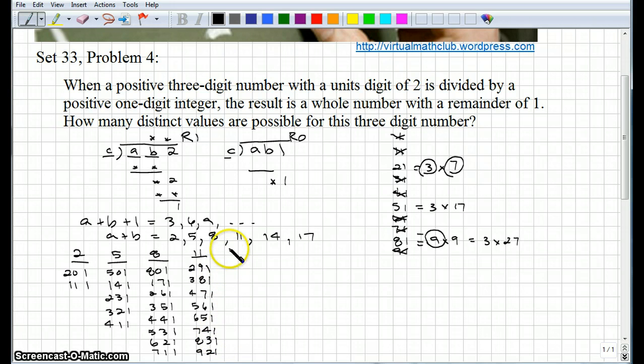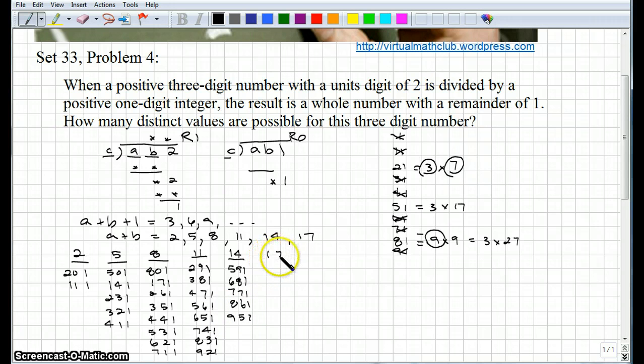Alright, so let's go to 14. We could have 591, 681, 771, 861, oops, and 951.